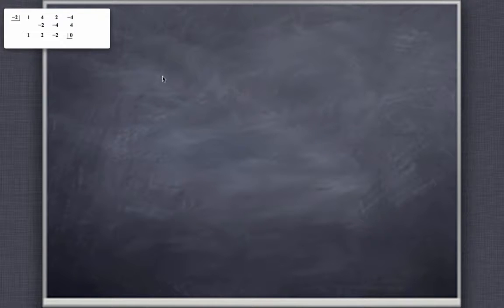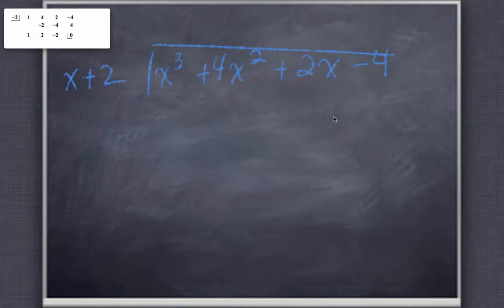I'm going to say x cubed plus 4x squared plus 2x minus 4 divided by x plus 2, long division wise. So x cubed divided by x is x squared. Multiply this times both, we get x cubed plus 2x squared. These two cancel, 4 minus 2x squared, so we get 2x squared.